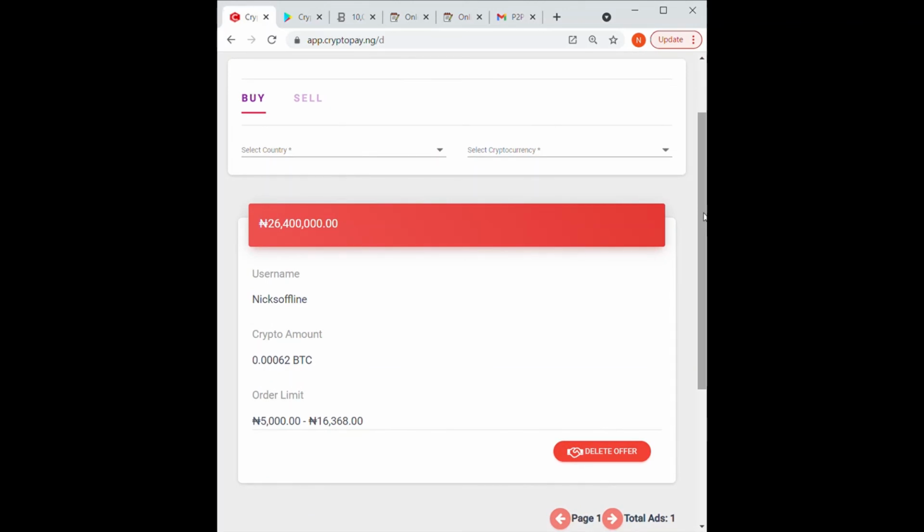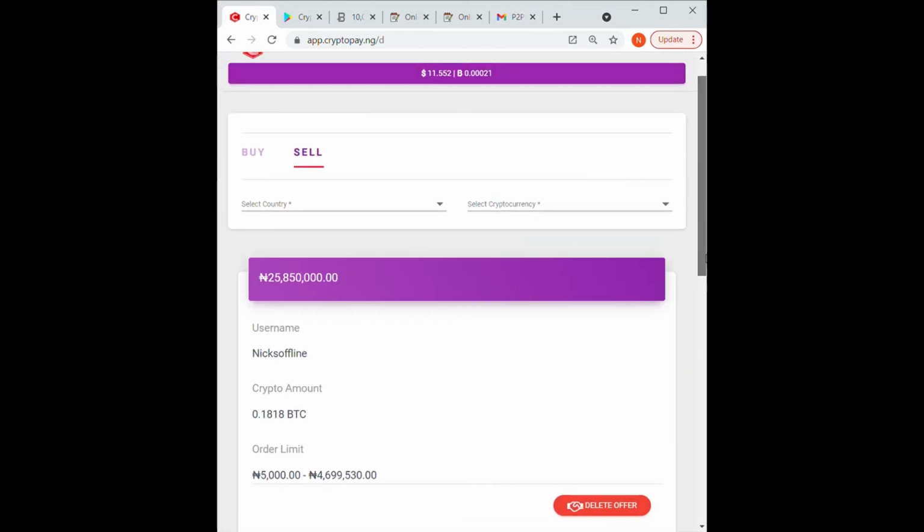An order simply means one of the users placing an order with your advertisements, which means maybe he's willing to buy some of your Bitcoin, or he's willing to sell Bitcoins to the adverts that you just placed.